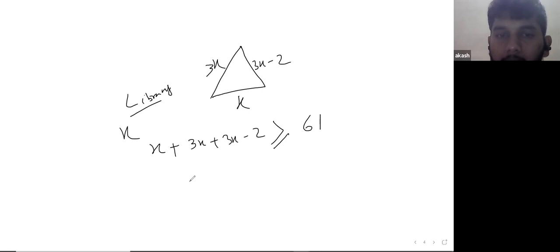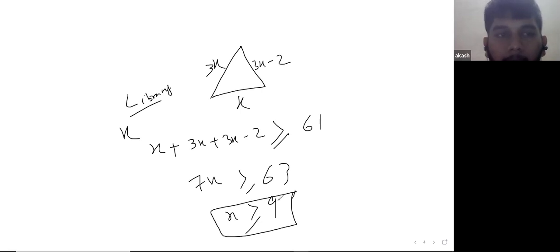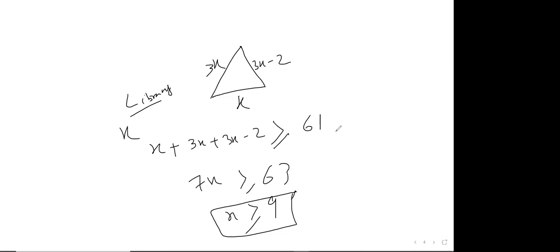So you can solve this. 7x should be greater than 63, x should be greater than 9. So the only problem you have in your answer, Fatima, is that it should be greater than or equals to 9. All right. Okay, sir. Gautam, are we clear? Yes, sir. All right. Let's move forward.